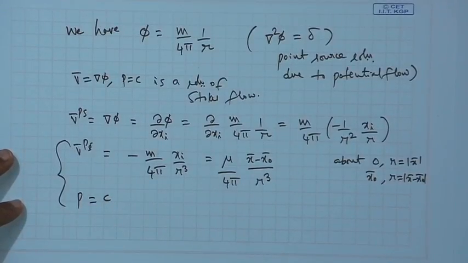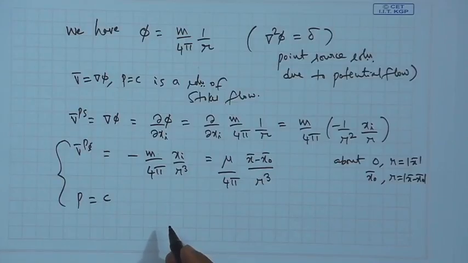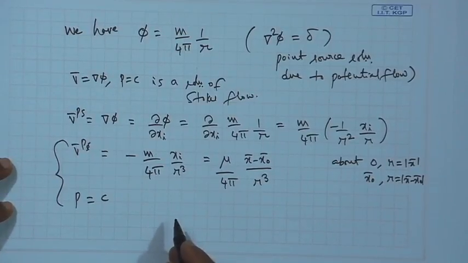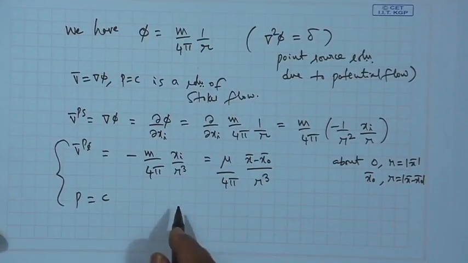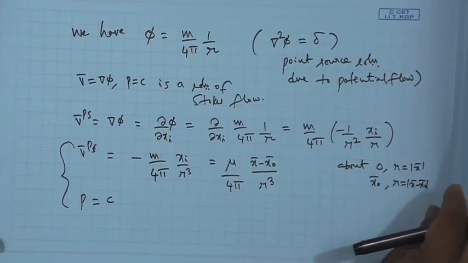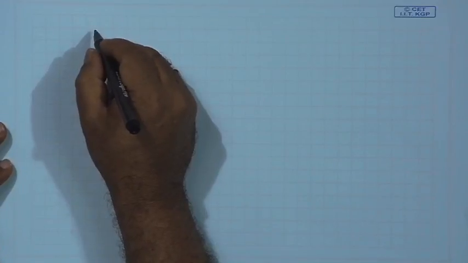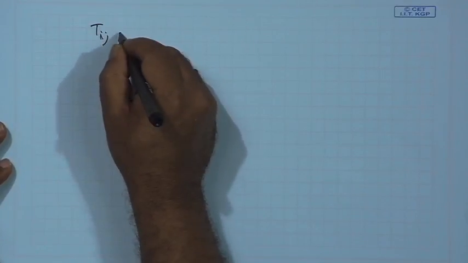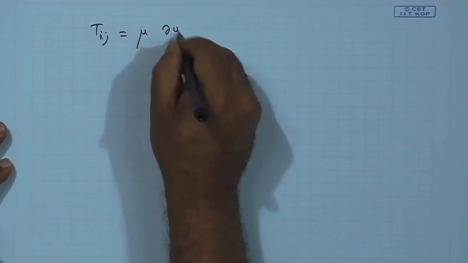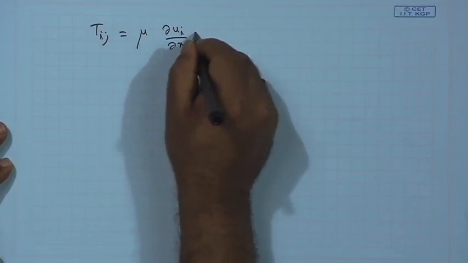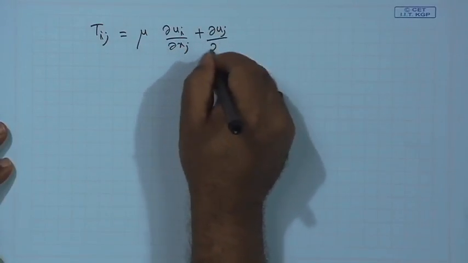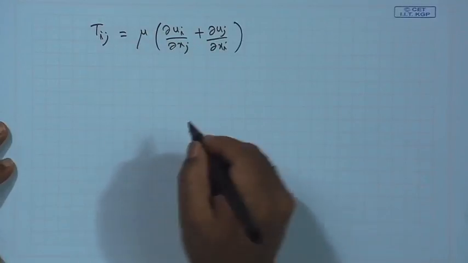Then the question comes, can we compute the corresponding stresses? Yes, we can compute the corresponding stresses. So, consider the expression for the stresses, T i j is mu times.